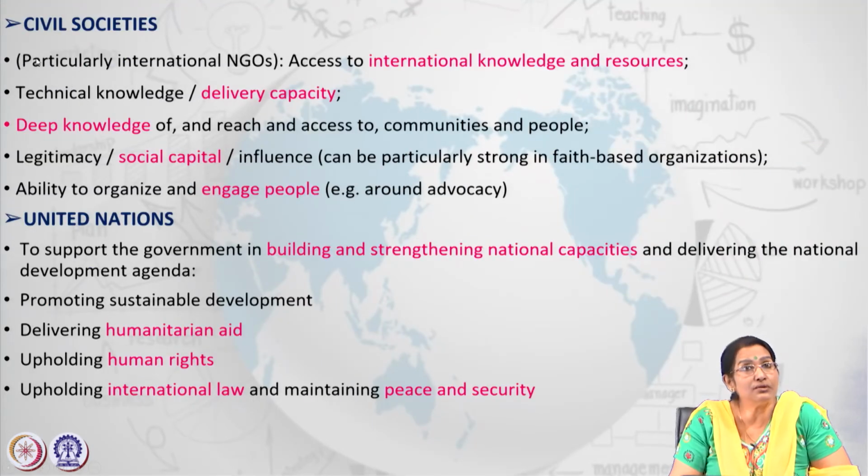Similarly, civil society is also a major stakeholder, especially the international NGOs and regional or national level NGOs, for example, in distributing and giving access to international knowledge, resources, technical knowledge, delivery capacity, deep knowledge, enhancing social capital, influencing different organizations, engaging people, educating people, and advocating for different minority sections, or you can say advocating for different deprived or disadvantaged groups.